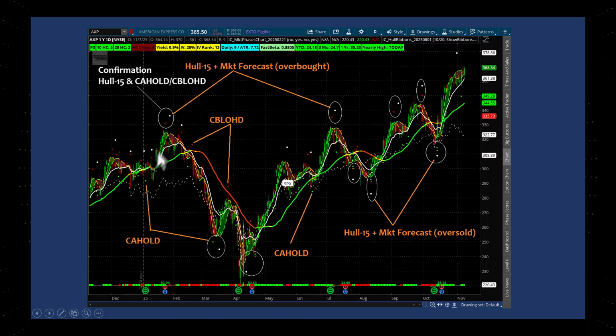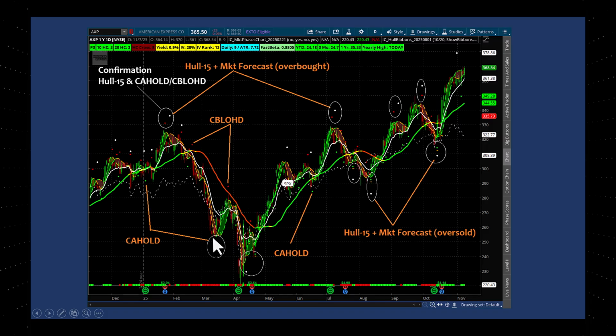The red dots on the chart up here represent the close below the low of the high day. The green dots are CAHOLDs, and they're going to show reversals to the other direction. But typically, the interesting thing that I spotted was the fact that oftentimes you're going to see either a close below the high day married with a white dot, or you're going to see a CAHOLD.